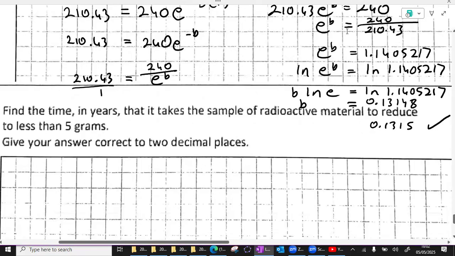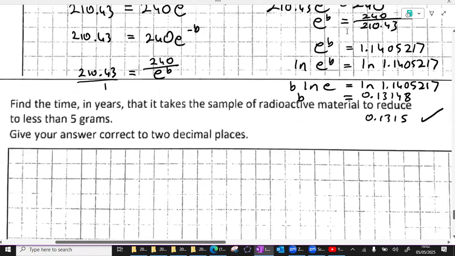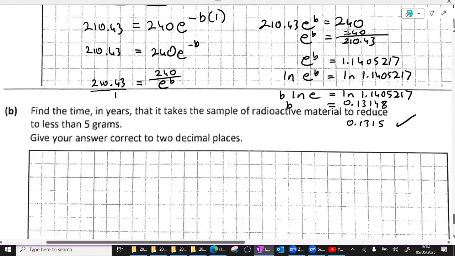Finally, find the time in years, so basically find T, that it takes for a sample of radioactive material to reduce to less than 5 grams. So writing out the formula, 240 e to the power of negative 0.1315 T, and we want this to be less than 5.